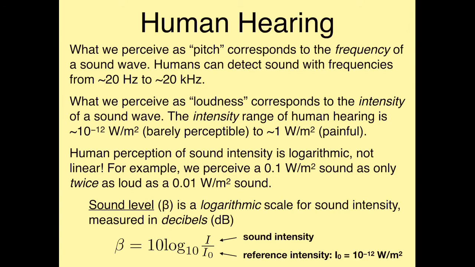So in other words, we perceive something that is actually 10 times more intense as being twice as loud. That's just how our brain processes the difference, basically, in a logarithmic way.